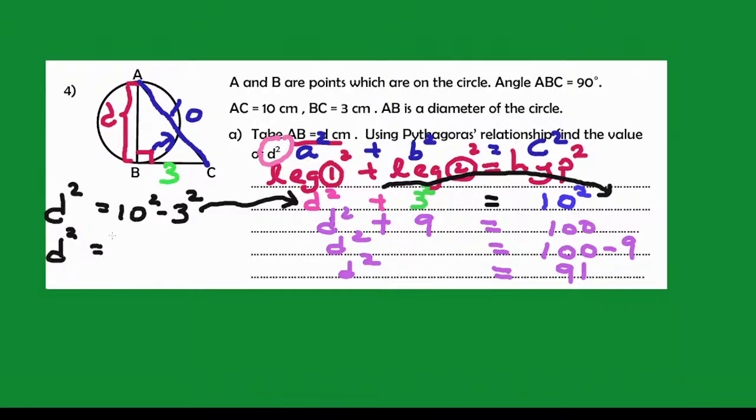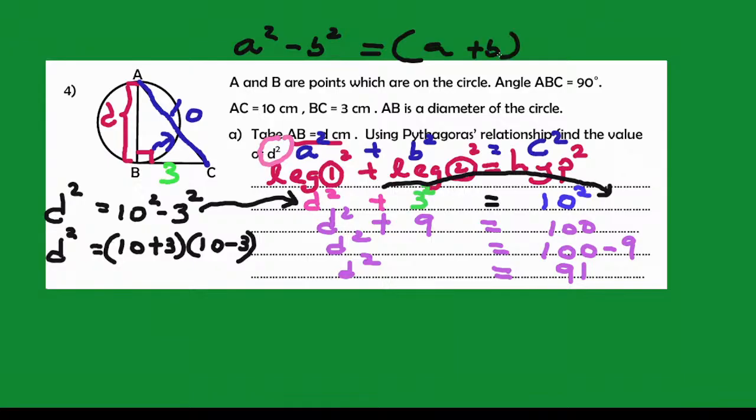So 10 squared minus 3 squared can be written as 10 plus 3 times 10 minus 3. You have learned in factorization that a squared minus b squared is equal to a plus b times a minus b. So I'm applying that.